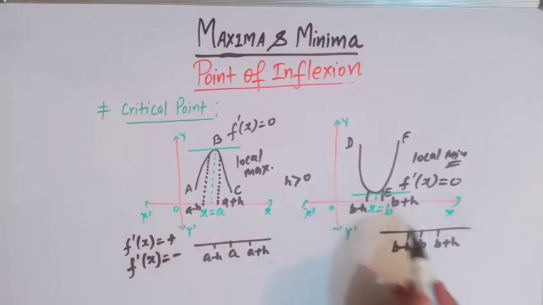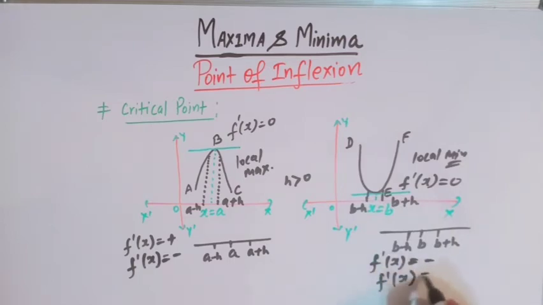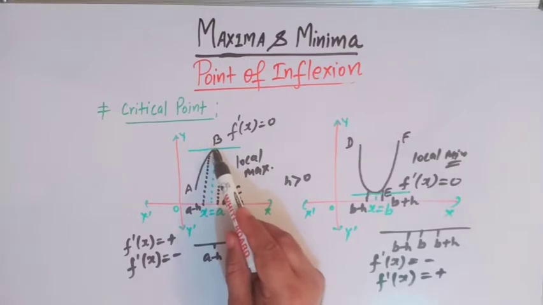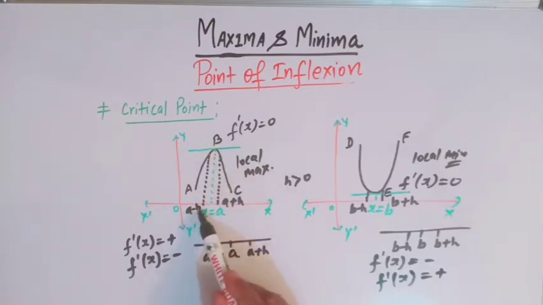Similarly, the slope at this point, b minus h, is negative, and at this point the slope is positive, right? So when the function moves from a minus h to a plus h, we see that the sign of the derivative changes from positive to negative.